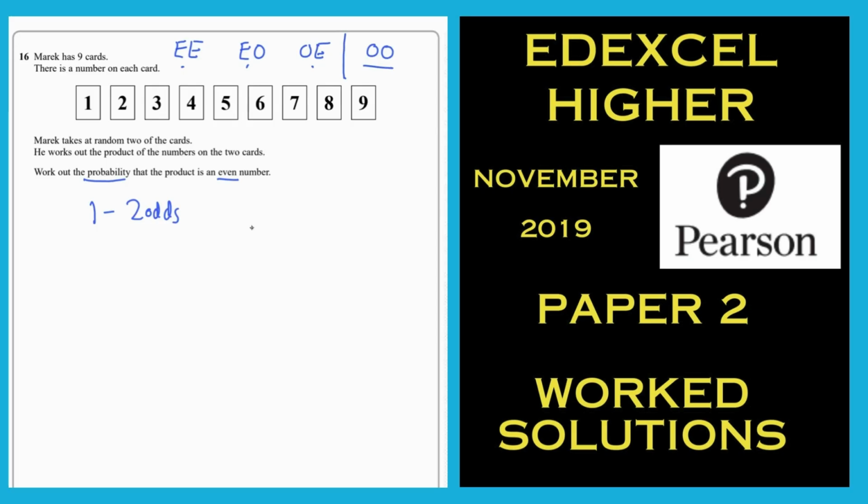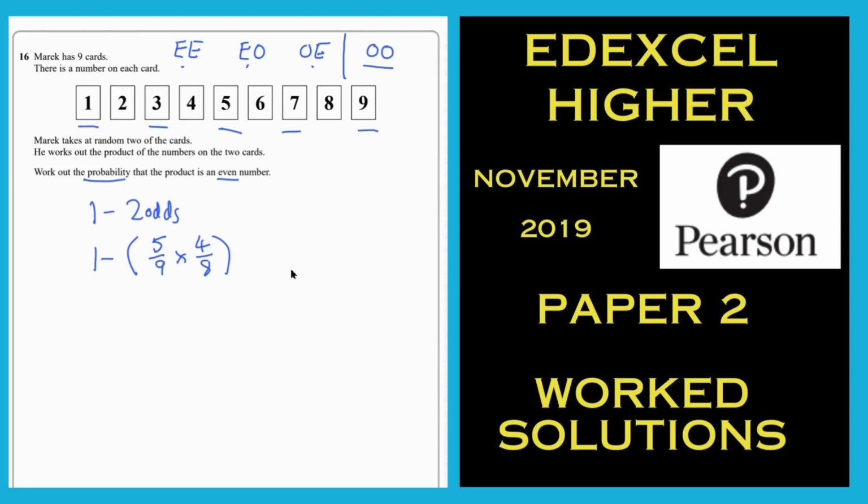So what's the probability in 9 cards of me picking out 2 odds? There's 9 numbers. There's 5 odds. And if I've picked 1, there's now 1 fewer odd and 1 fewer card.